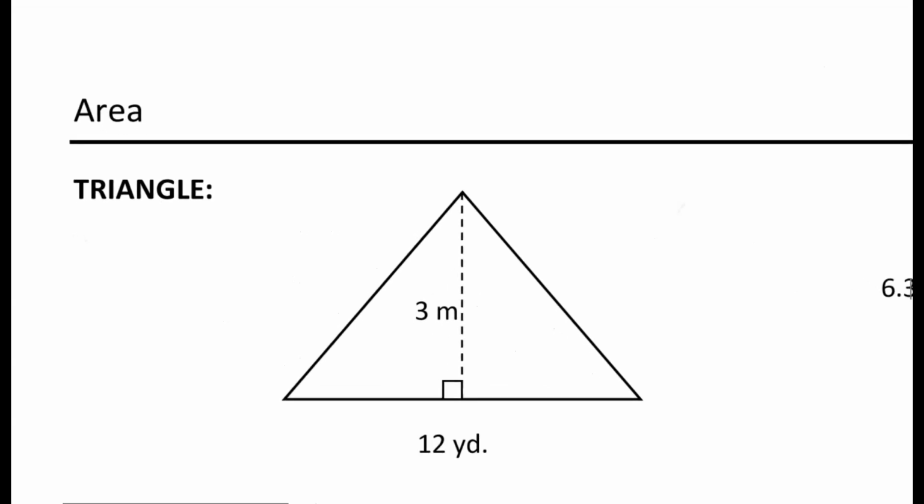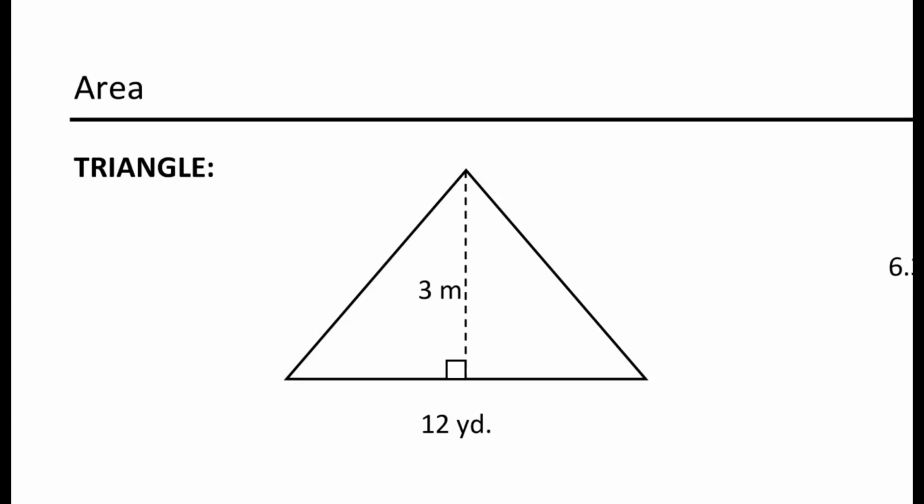But before we get going, I just want to go over what our units are going to be. So units are always going to be squared. So what that means is we'll have centimeters squared as our final answer, or meters squared, and so on.